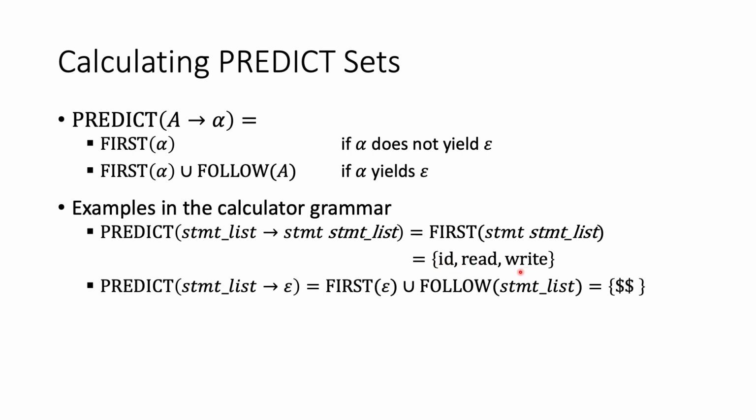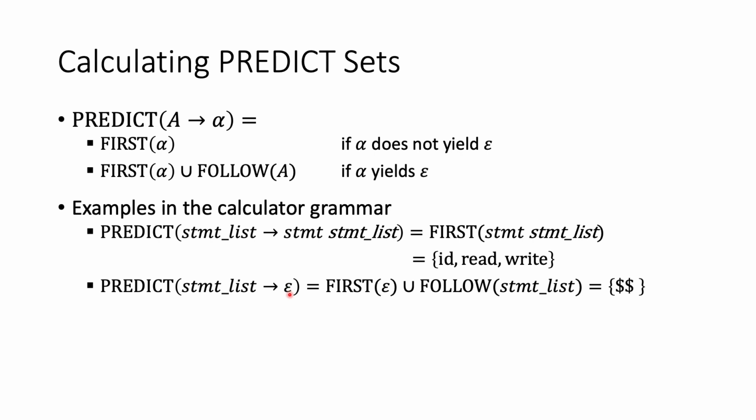The predict set of the epsilon production for ST empty list equals the union of the first of epsilon and the follow of ST empty list, because epsilon here is alpha in this position.